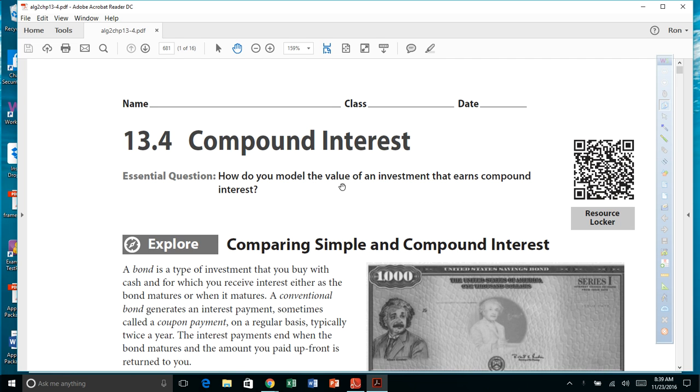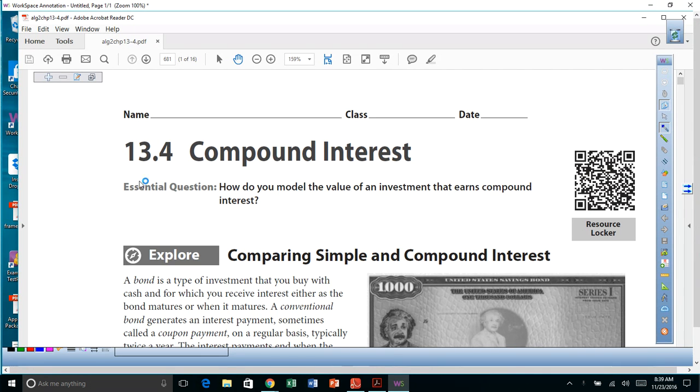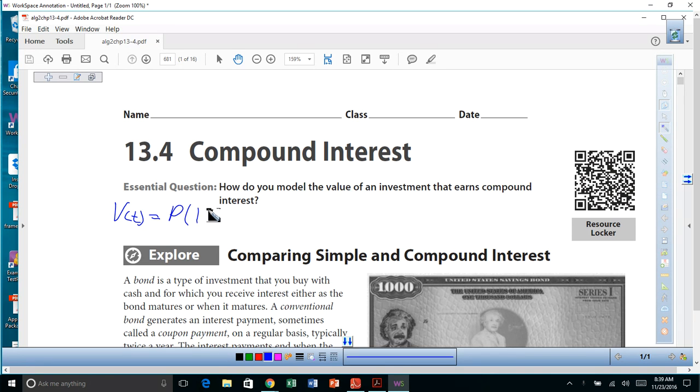How do you model the value of an investment that earns compound interest? There are three formulas we use. Value sub t equals the principal times 1 plus the interest rate and t the years, if we're going to do it annually.